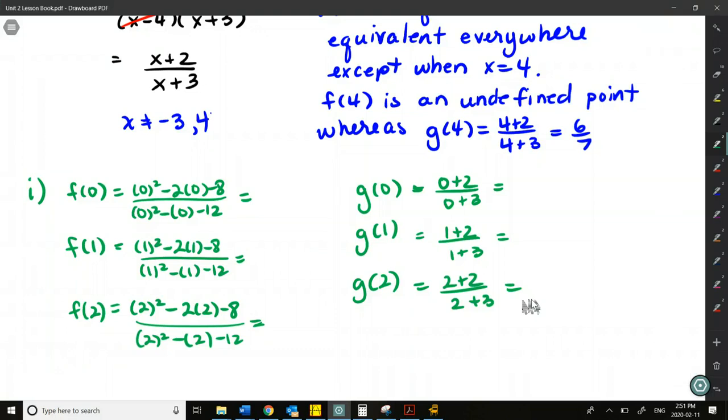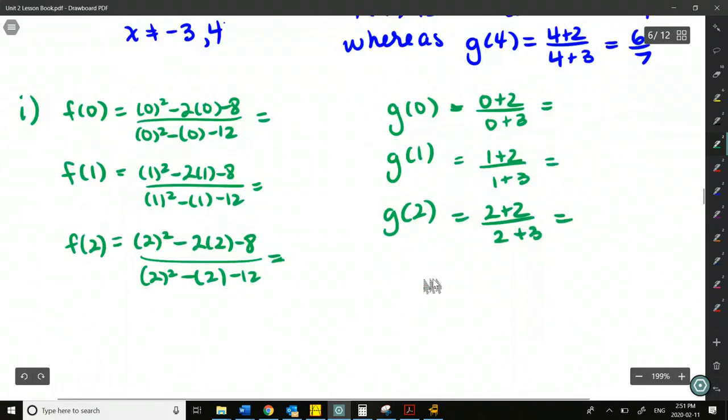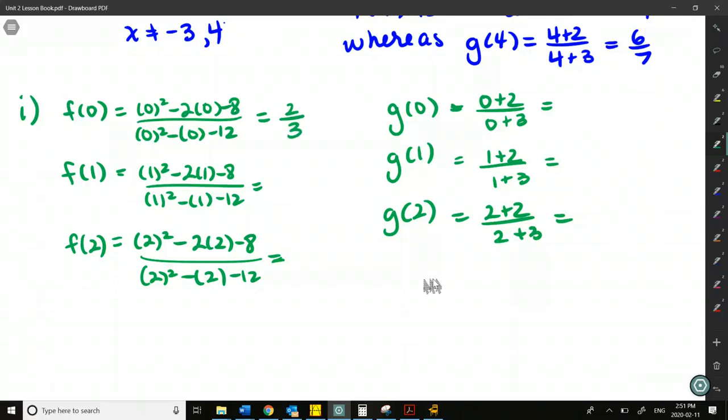So let's just calculate these here. I think for the top we just end up with negative 8 over negative 12. So we can just reduce 4 out of both of those, or negative 4, and we'll get 2 over 3. Okay, for g at 0 we also get 2 over 3.